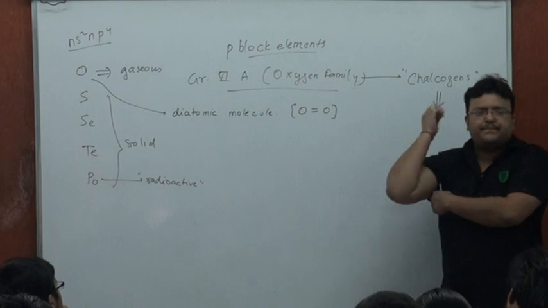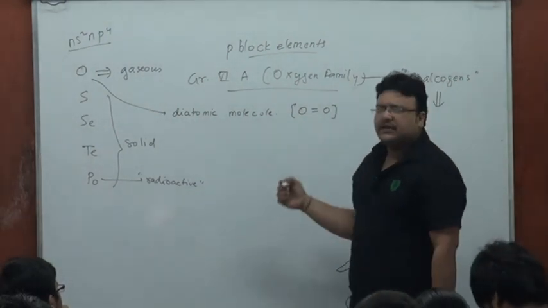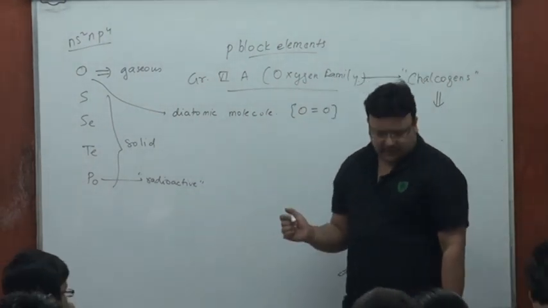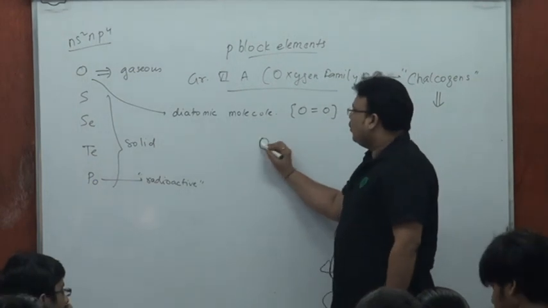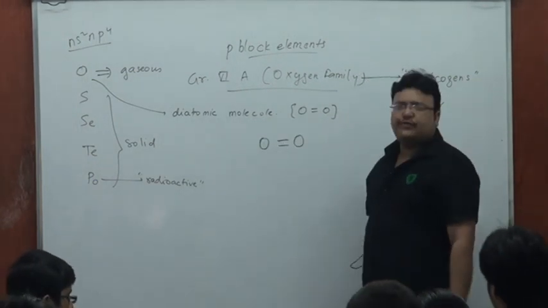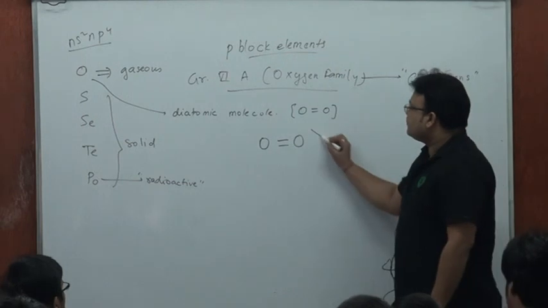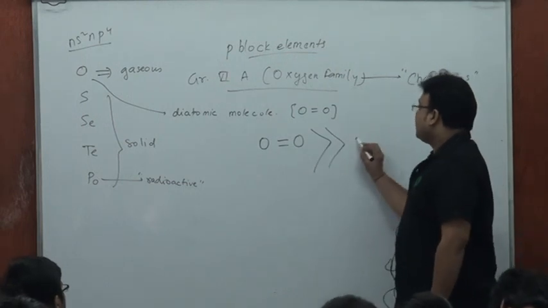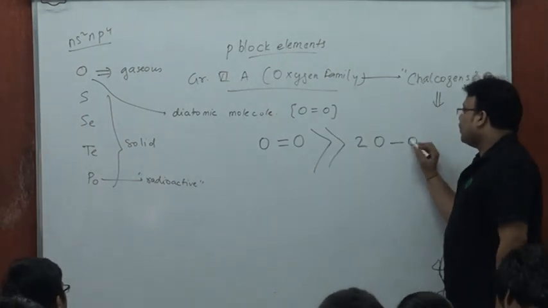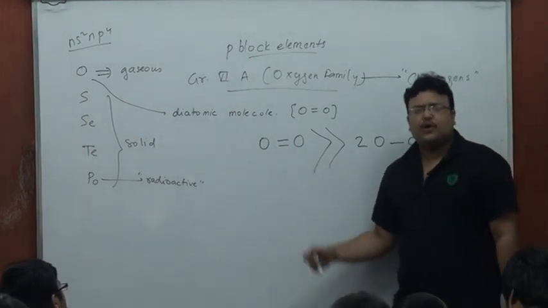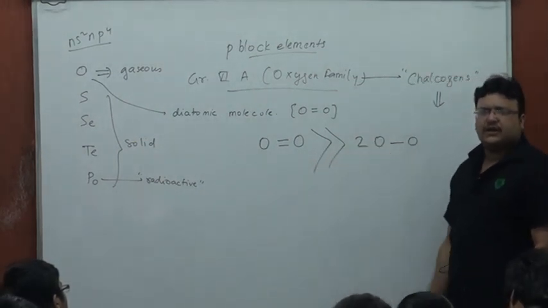The answer lies in the bond energy values. It's found that the bond energy of O double bond O is much greater than twice O single bond O. O double bond O bond energy is found to be almost thrice the O single bond O bond energy.